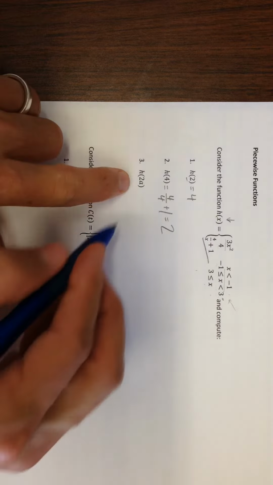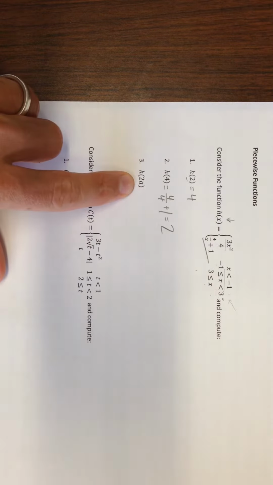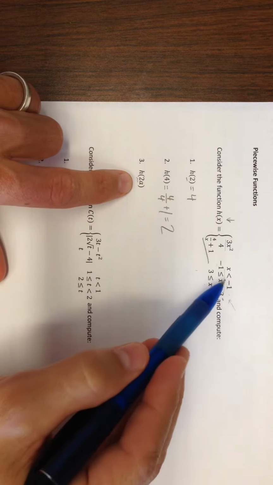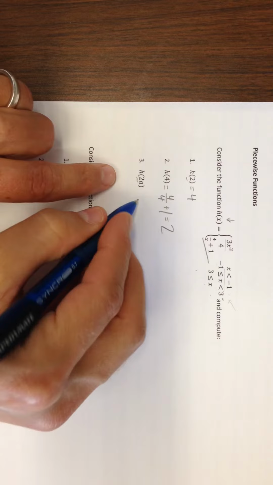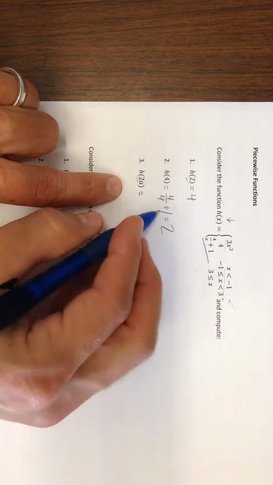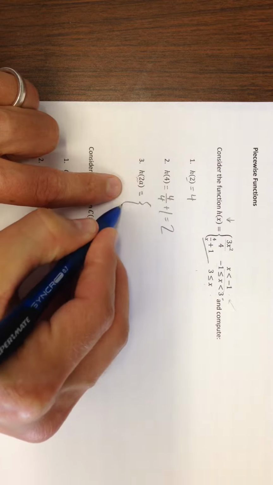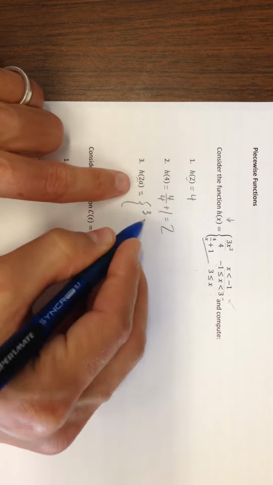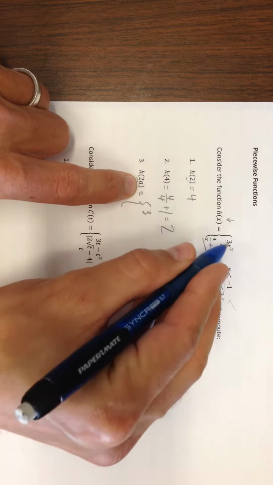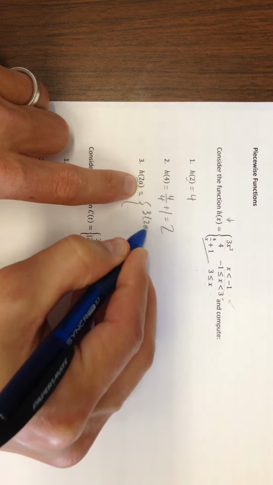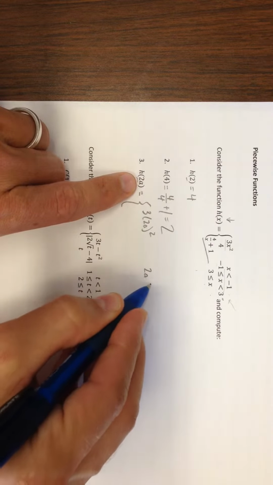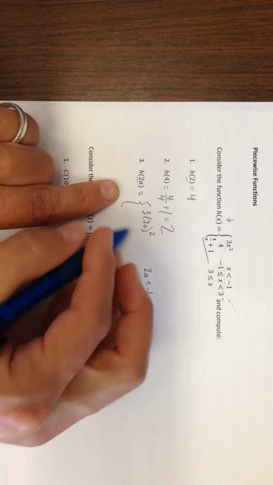Now here's an odd case, H of 2a. Now you happen to know that 2a can be used as an input, but I don't know which category it's in. So what we have to do is put it everywhere. Because I don't know which category it's in, I still have to allow for the different categories. It could be 3 times 2a squared if 2a happens to be less than -1.